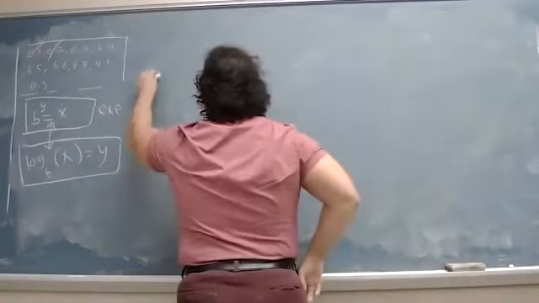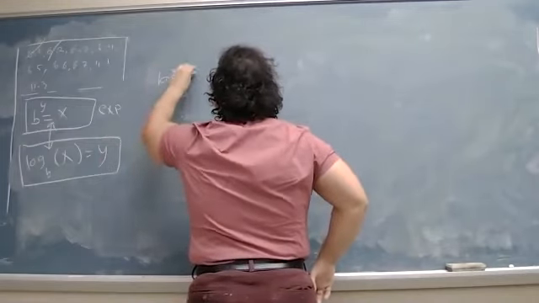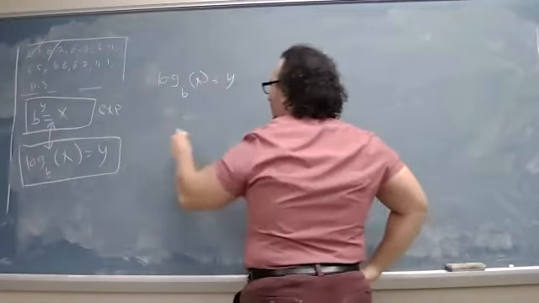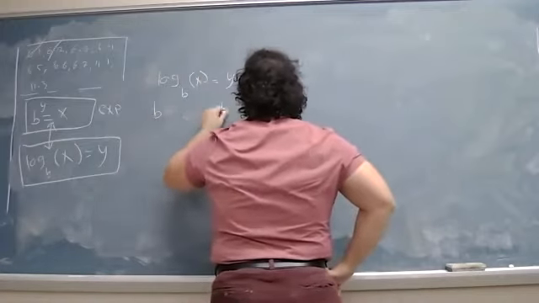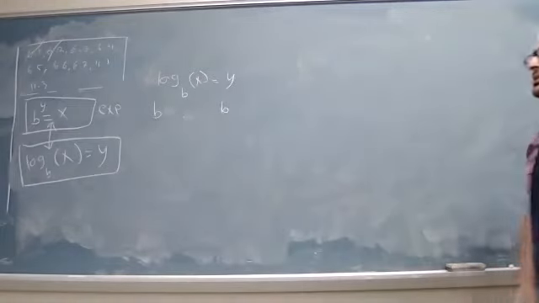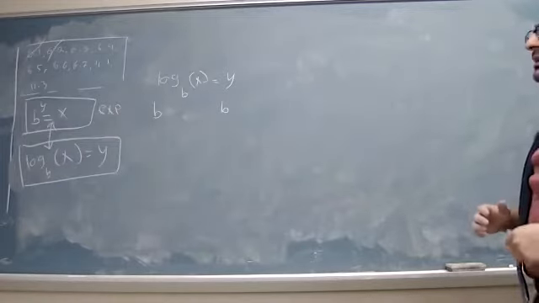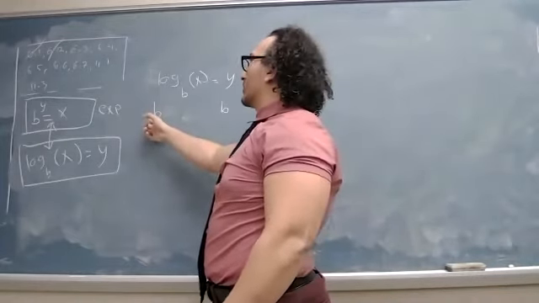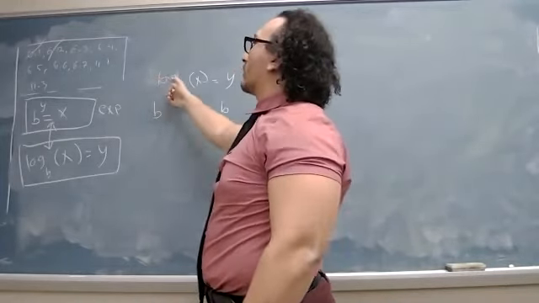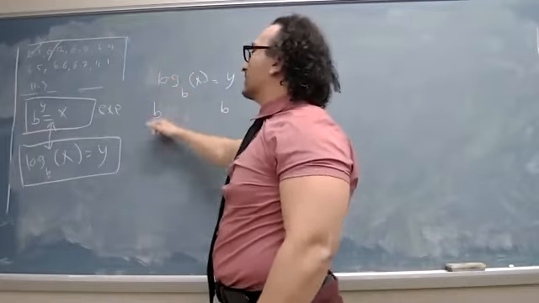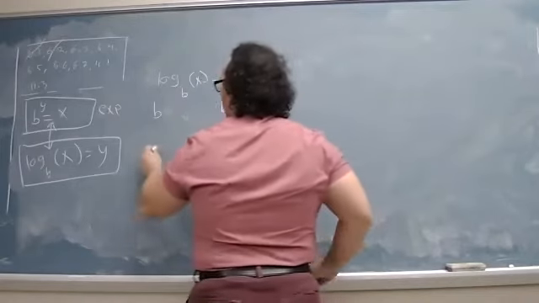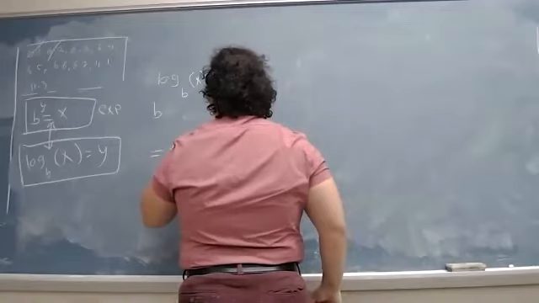So let's start off with the logarithmic now. Log base b of x is equal to y. Now, the way you get rid of a log is you raise both sides. You exponentiate. You say b raised to the power of log base b of x is equal to b raised to the power of y. Every time you raise a number to the power of something that involves the log base b, and these are the same base b, everything disintegrates, and all you get is what was inside the parentheses, x.